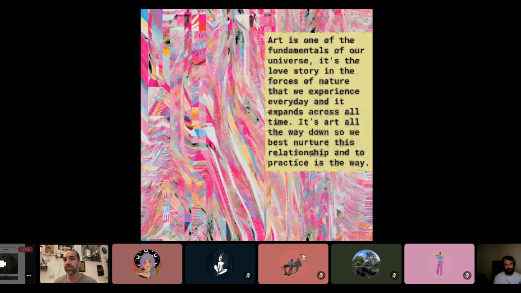It's art all the way down, so we'd best nurture this relationship, and practice is the way to nurture it. The love story idea, not to scare anyone away, is just that all those dynamics of life, what you might experience in love with someone, the ups and downs, that's what we experience in creating art, and in life in general.